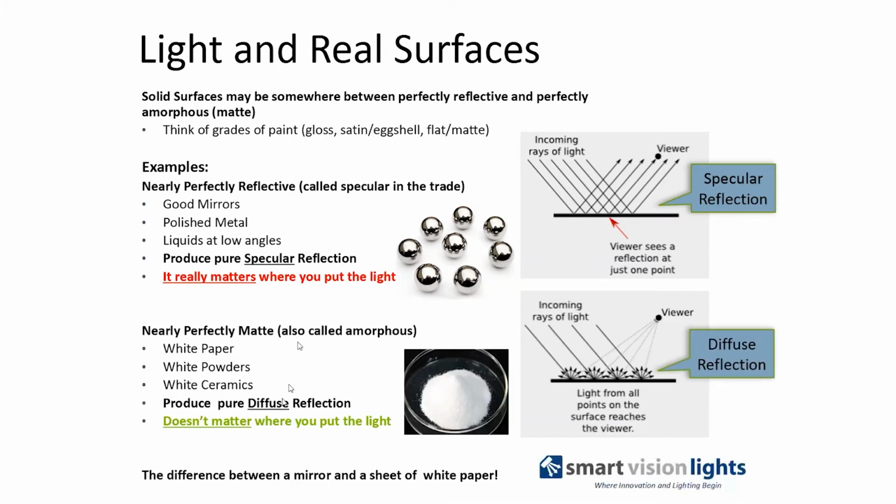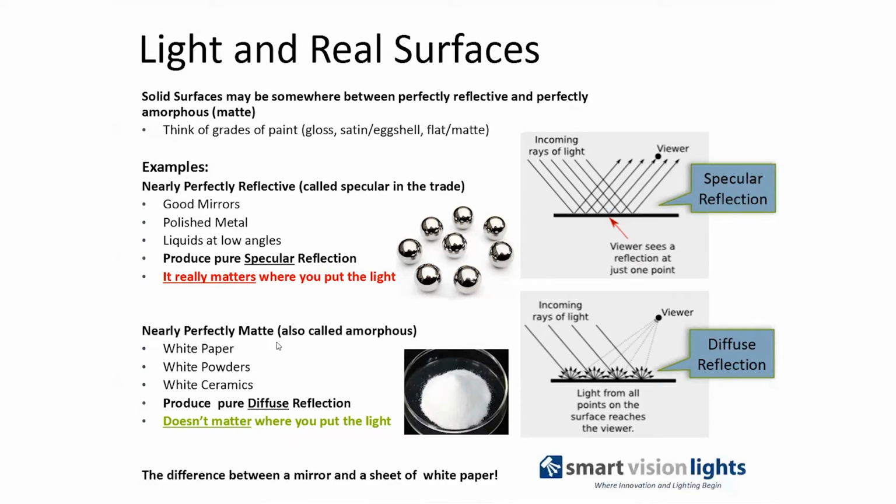The opposite of this is what we call matte, also called amorphous surfaces. Amorphous surfaces are very good at scattering the light. So light comes in and strikes the surface, but it produces a diffuse reflection, and that's because the light is not absorbed by the material, but the surface is such that it doesn't reflect in a coherent manner as on the mirror or the specular surfaces.